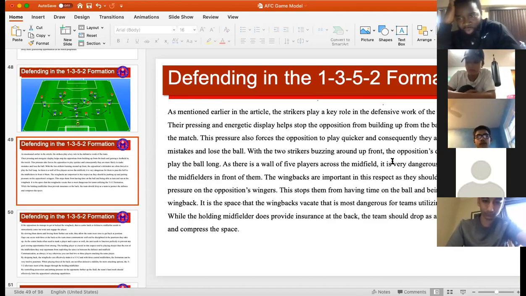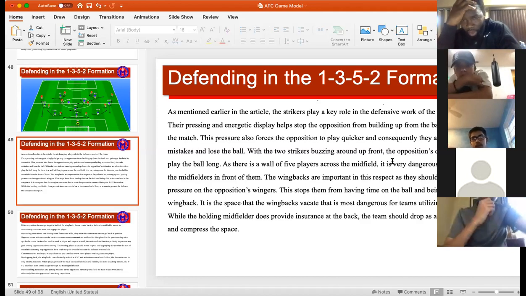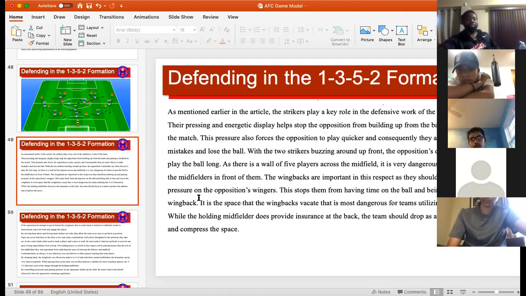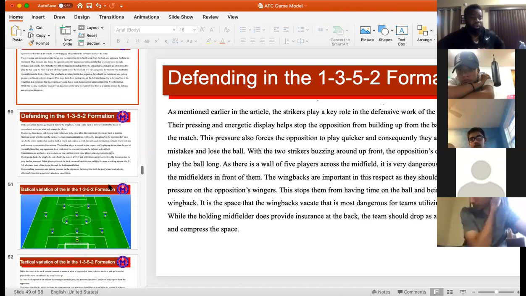The opposition defenders are often forced to play the ball long. So once they play the ball long, our 5 guys in the middle, across the field, the midfielders, it is very dangerous for them to pass the ball to the midfielder in front of them. The wing backs are important in this perspective, as they should be pushing up and putting pressure on the opposition wingers. So stuff like that, we should be able to do it.